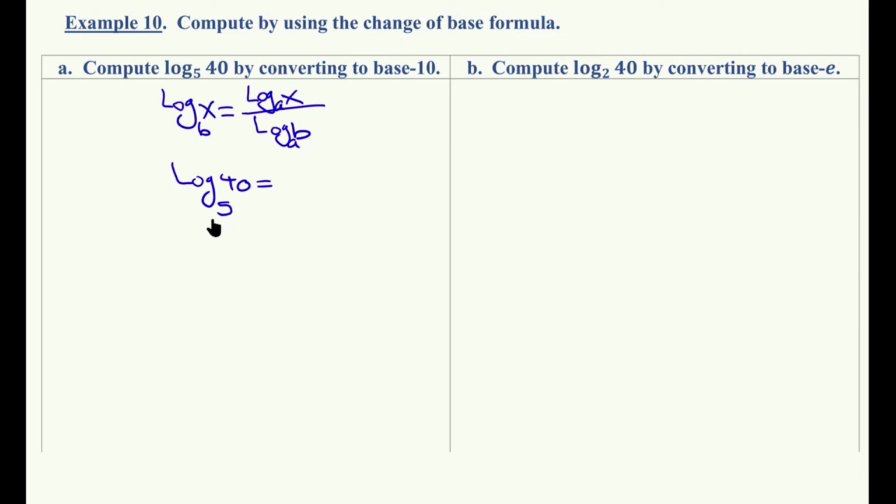Here, the b is 5, the x is 40. So since we want to use base 10 logarithms, we're going to choose a to be 10. And on the top, of course, we need 40. And on the bottom, we need log base 10 of the original base, which was 5.